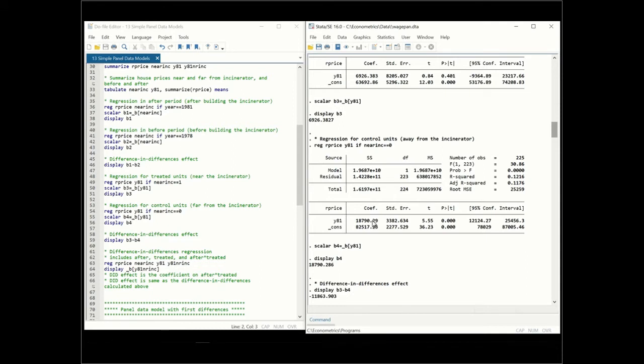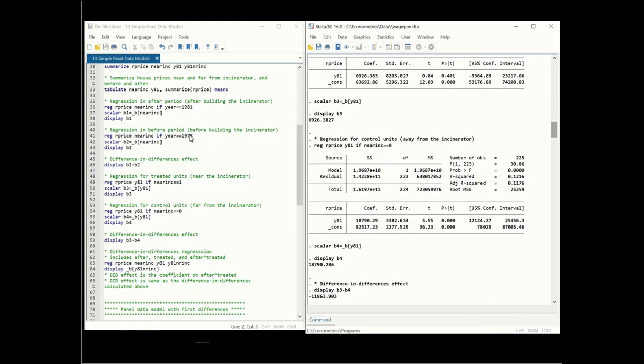So now we're doing after minus before, and then we're doing treated minus control. In the previous two regressions, right here, we were taking treated minus controlled, and then we took the after versus the before. So that's just two different ways of taking this difference in differences, but the result is exactly the same.